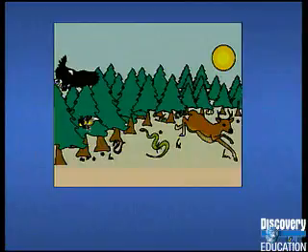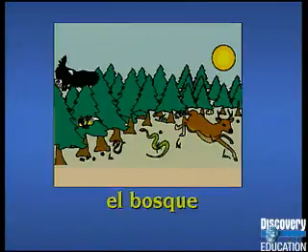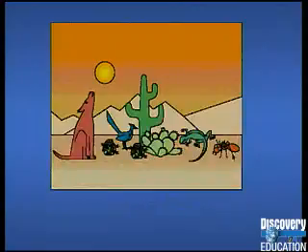I see a mosca, serpiente. Remember this one? Águila. Well, we didn't learn the name of this one. It's a venado, but they all live in this habitat. Do you remember what it's called? El bosque. El bosque, right? The forest.